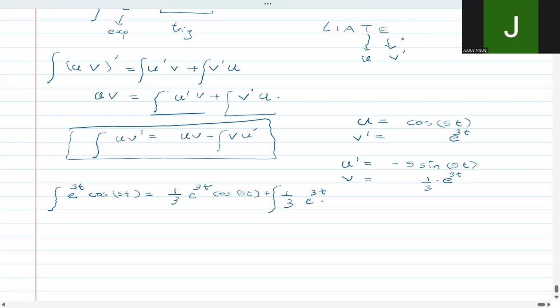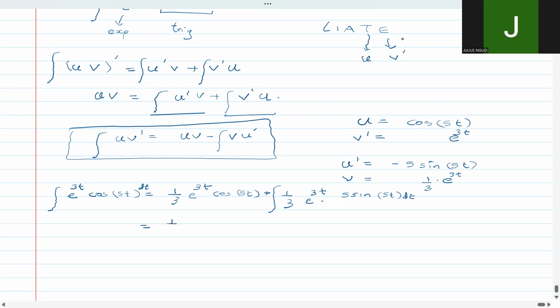So I'm having two minuses on the same side, so I can change to plus, times 5 sine 5t with respect to t. I'm missing the respect to t, even on this first part here, with respect to t.